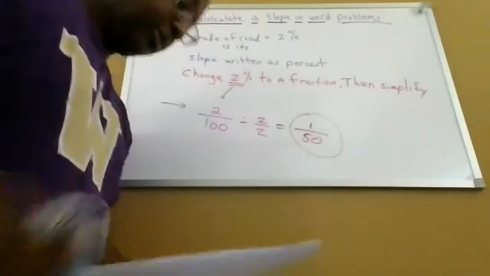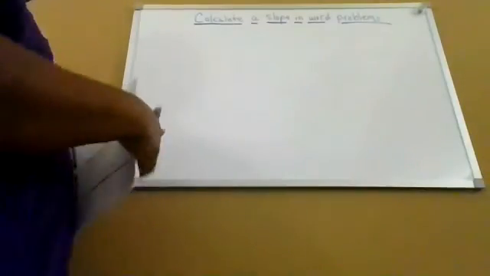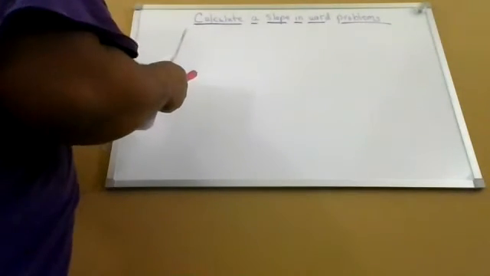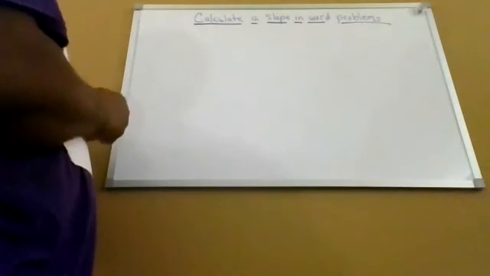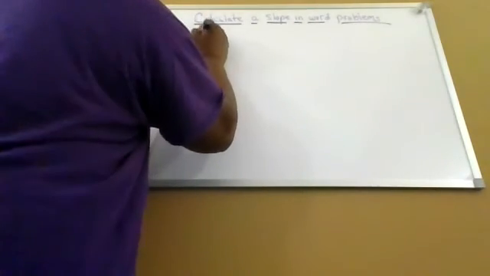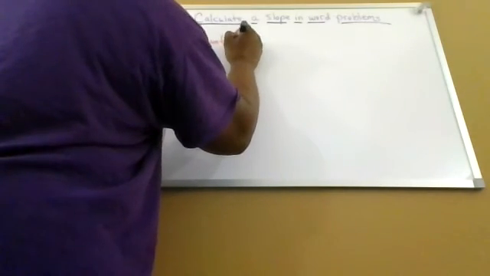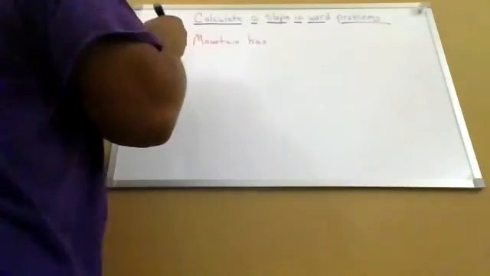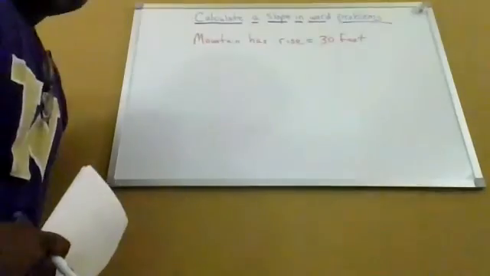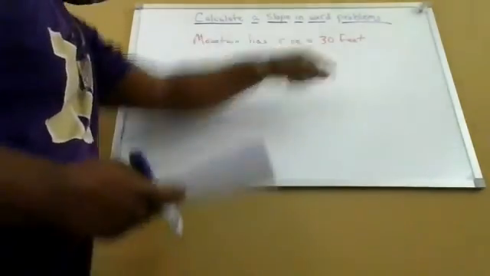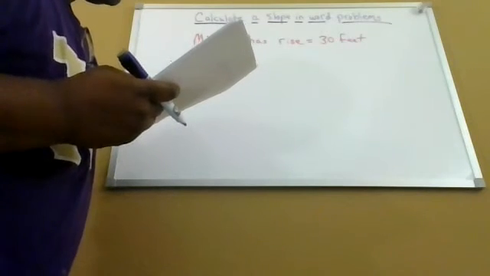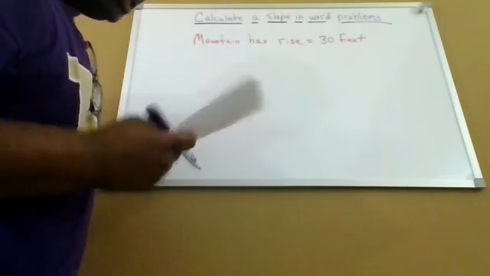Okay, here comes our last problem. We start out with a mountain that has a rise that's equal to 30 feet, and it has a run that's equal to 490 feet.